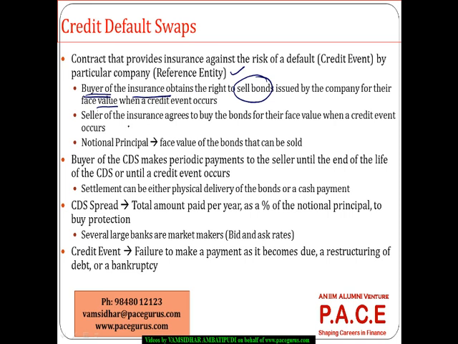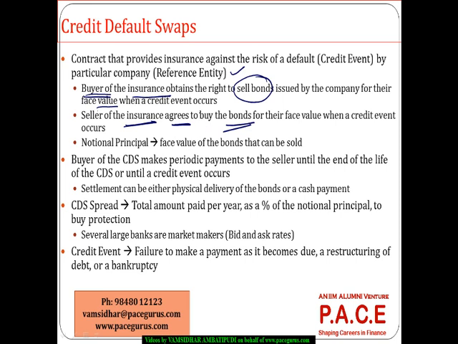And the seller of insurance, who is the seller of the credit default swap, C in our example, has to agree, it's mandatory, to buy the bonds for the face value when the credit event occurs.